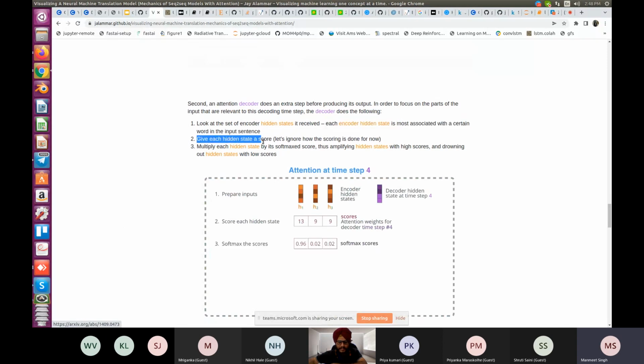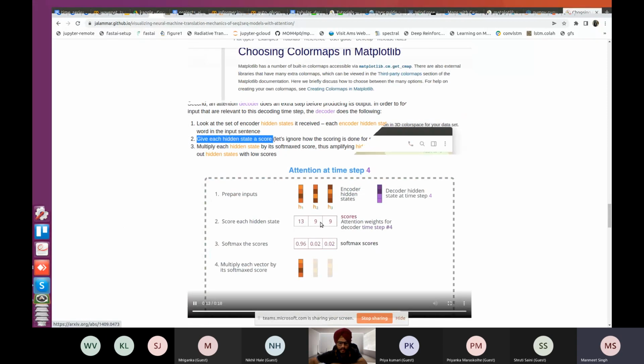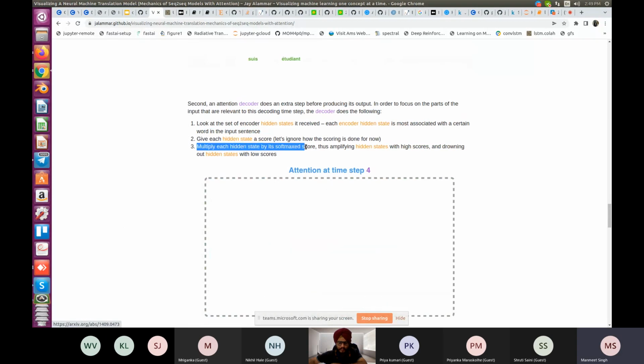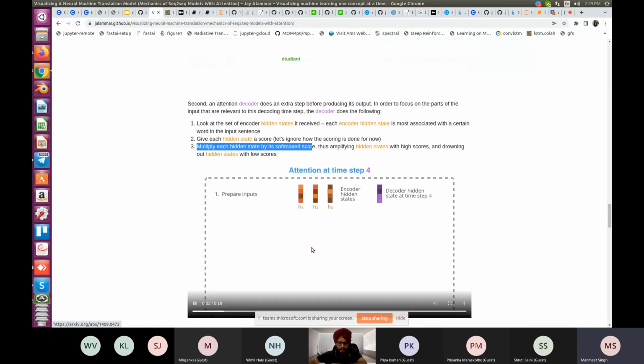So you give each hidden state a score, and multiply each hidden state by its softmax score. Now you compute these hidden state scores: 13, 9, 9. Then you compute the softmax score.